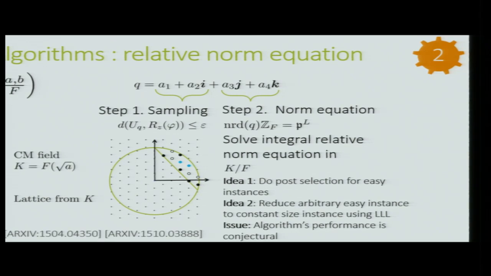So first you need to guarantee that this algorithm terminates at all, you need to know that there will be at least some points for which a solution of the norm equation exists. This is related to studying the value of this exponent. If you can prove results about that exponent, you can guarantee that there will be enough points for which the norm equation is solvable.